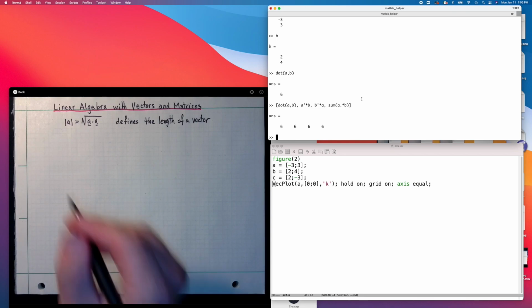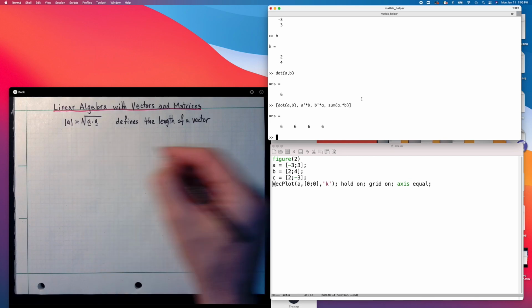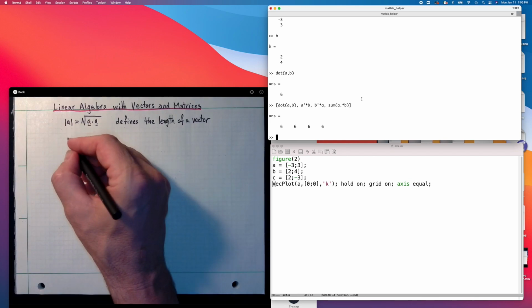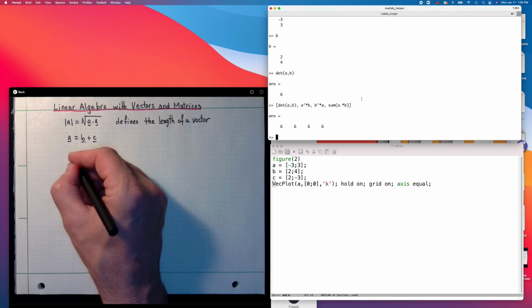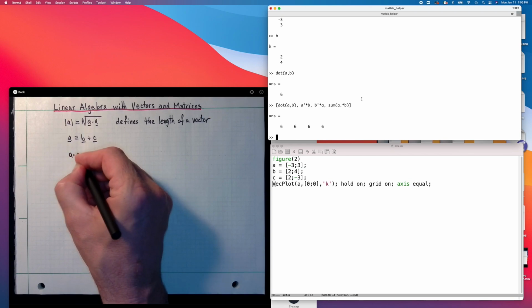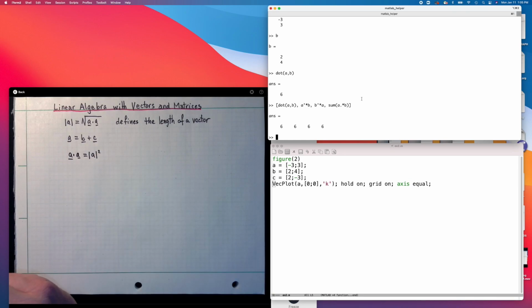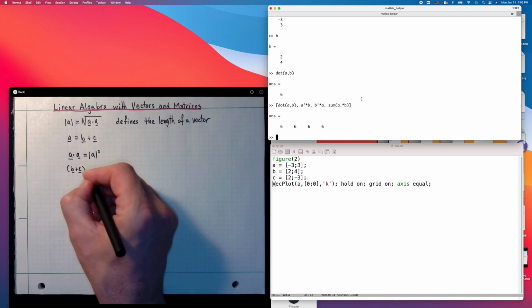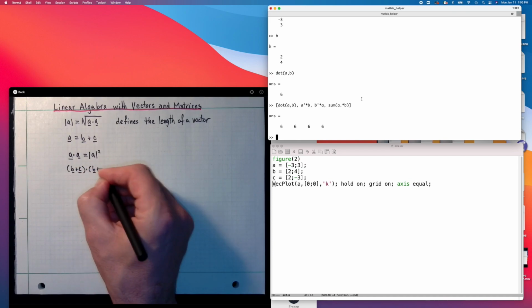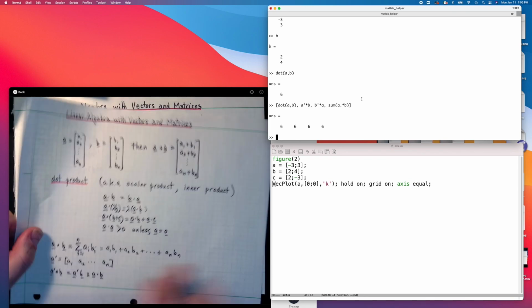So if I have 3 vectors, A, B, and C, such that A is equal to B plus C, and now I dot A with itself, I get A dotted with itself. That is just going to be the length of A squared. And I could also do B plus C dotted with itself, and then use the distributive rule, right?